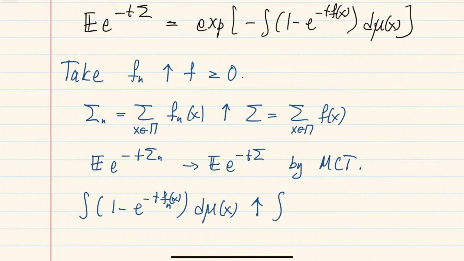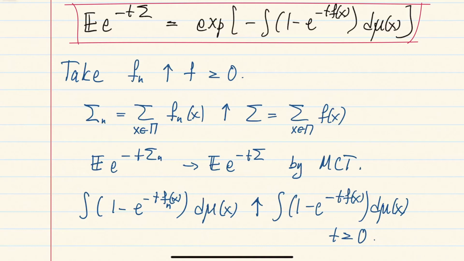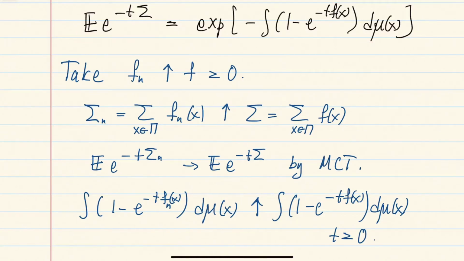So this whole integral will converge to the same integral for f of x for any non-negative t. As a result, the above equation for step functions immediately implies the same equation for any non-negative function. So this proves part 1.